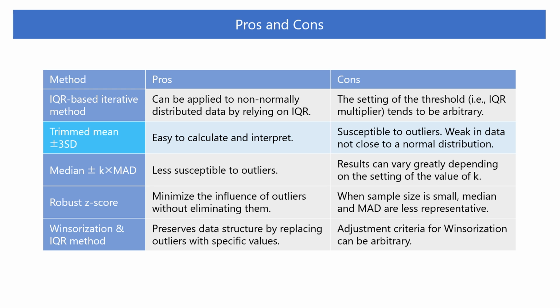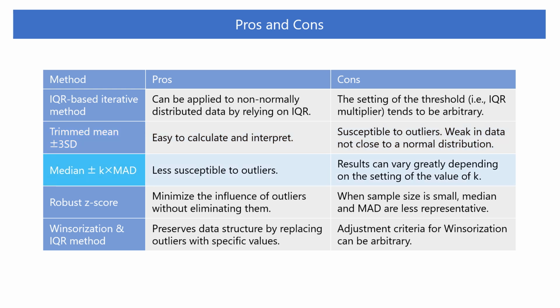The method using the trimmed mean plus minus 3 standard deviation is based on the mean and the standard deviation and easy to calculate and interpret. However, the mean and standard deviation are susceptible to outliers, which may lead to inappropriate results unless the data is close to a normal distribution.